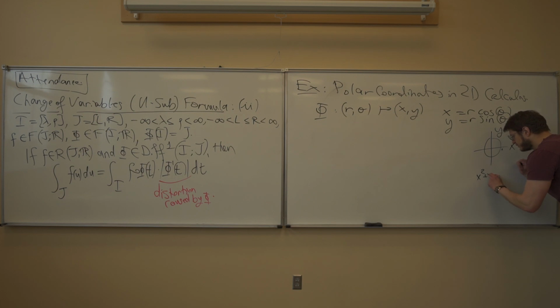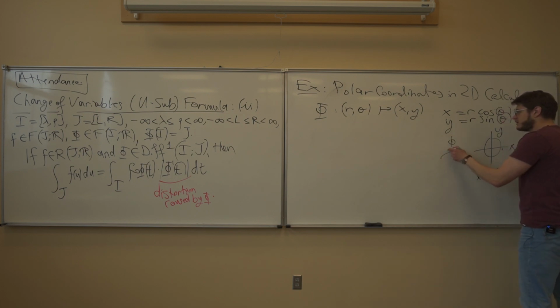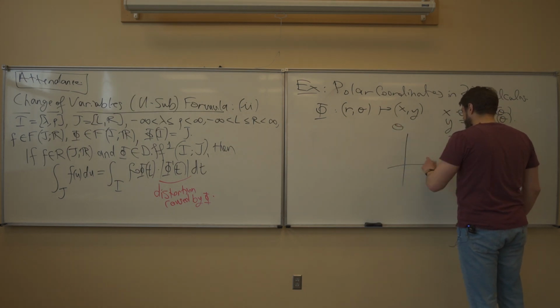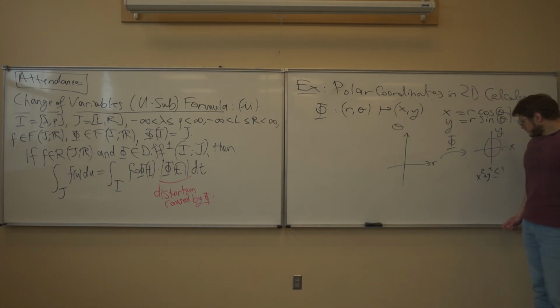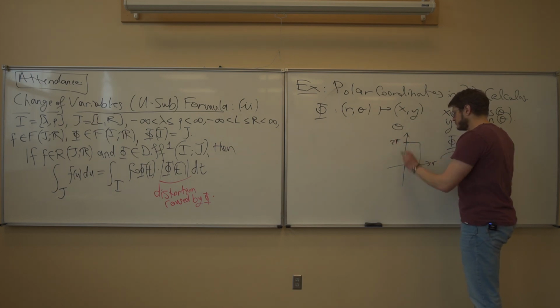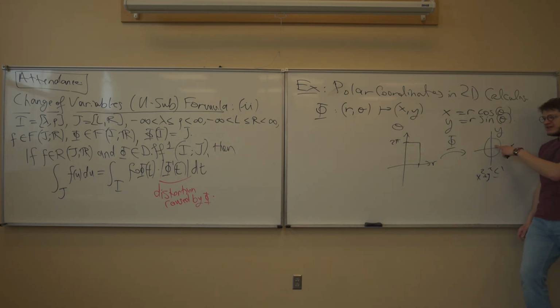So x squared plus y squared is like this. Instead, you switch over to the r theta domain. Now the radius is bounded by 1, and theta is from 0 to 2 pi, right? So you see, this disk becomes a rectangle in the r theta domain.